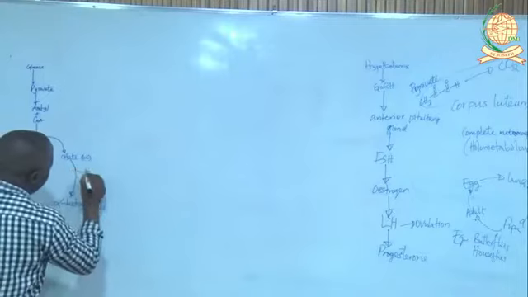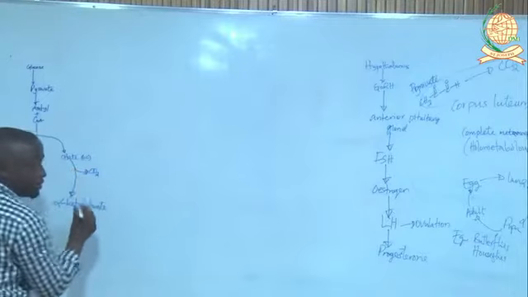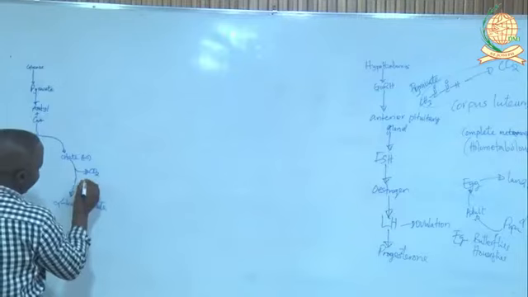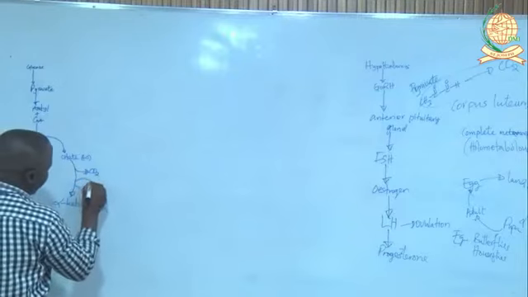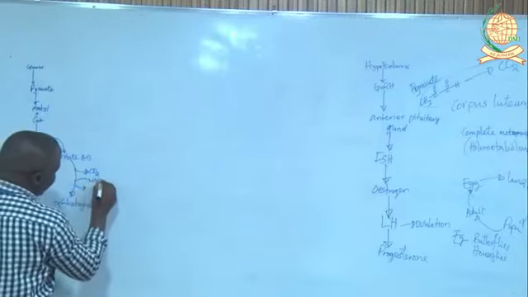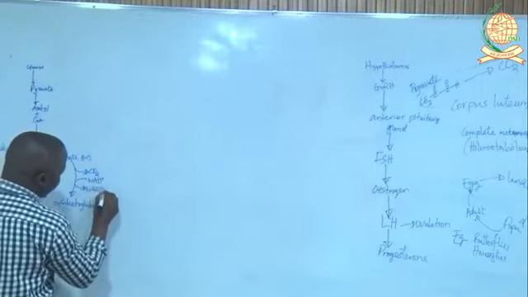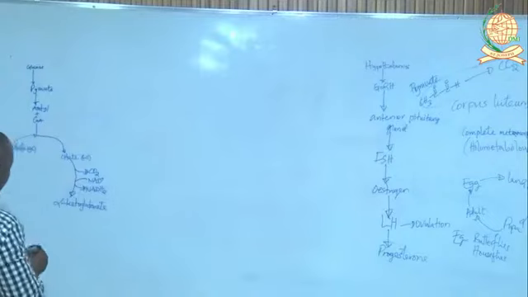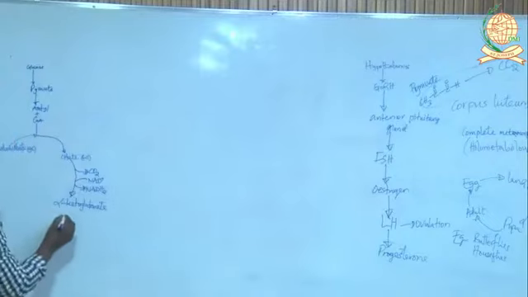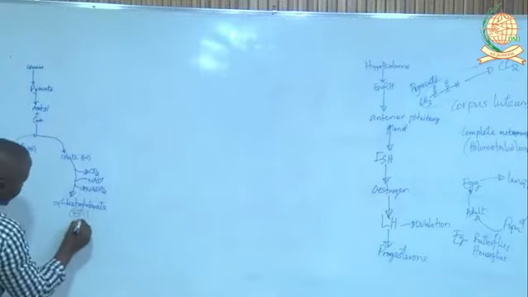This involves decarboxylation where carbon dioxide is lost, and also a single NAD positive picks a pair of hydrogen and becomes NADH2. Then this is a 5-carbon compound.